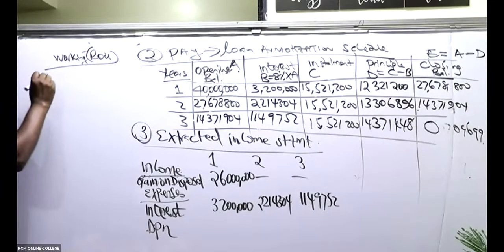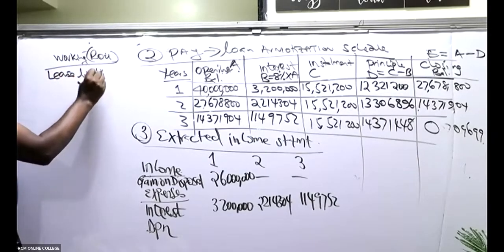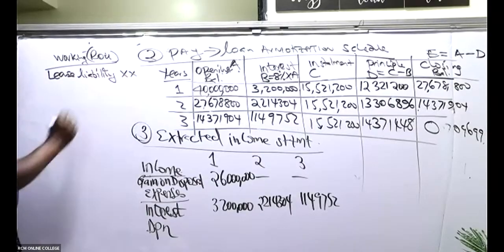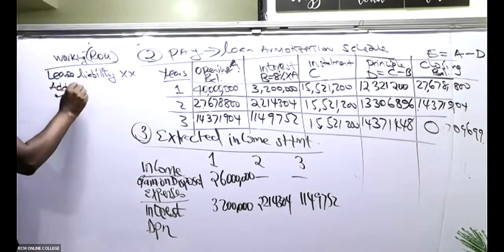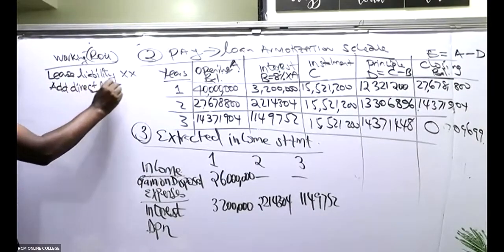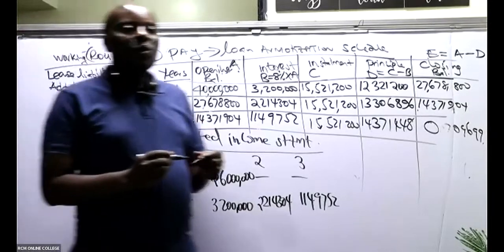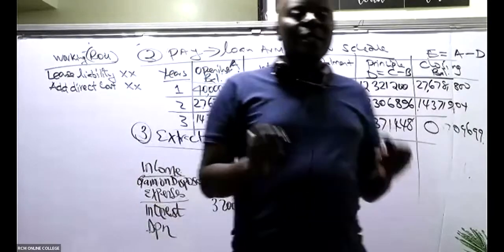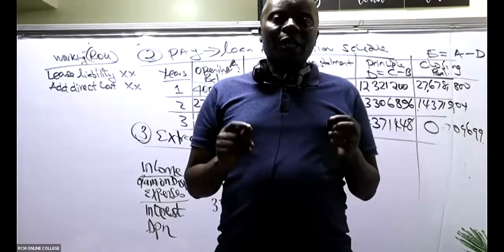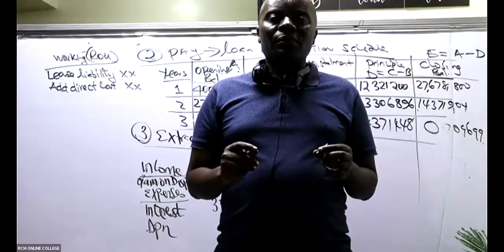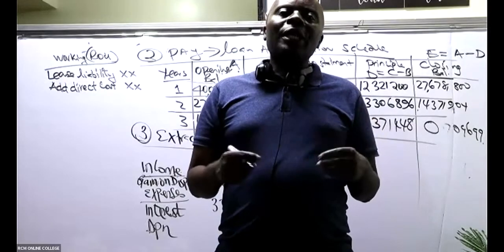To get right of use, we normally take the lease liability. You will add any direct costs you incurred. So for example, like ourselves, once we leased this space from the landlord at Stanbank, there are those direct costs.